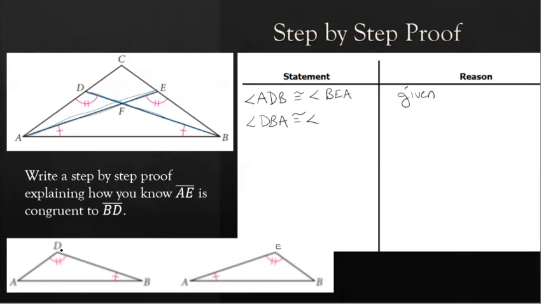Again, I'm naming the angle in the direction where the parts are congruent. So D was up at the top, so that matches with E up at the top. B for this one was the vertex of the angle. And over here it's A. And then B is on the small side of E, just like A is on the small side of E. Again, that is given.